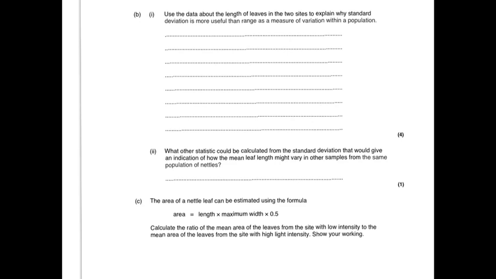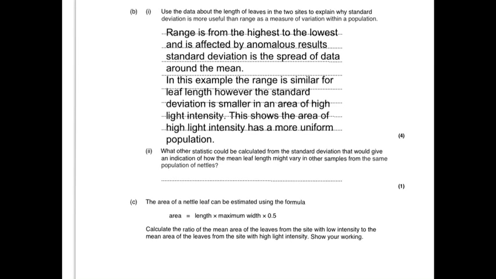It suggests that the variation within populations is similar, but the standard deviation is smaller in the area of high light intensity, which shows that the area of high light intensity is a more uniform population, because the smaller the standard deviation, the less of a deviation around the mean there is. Now mark your answer.